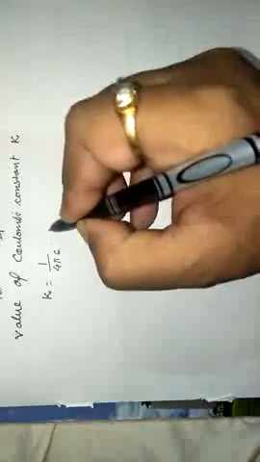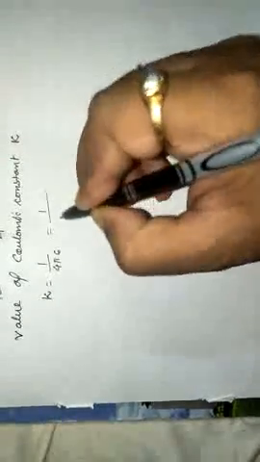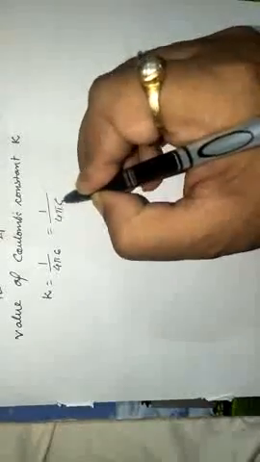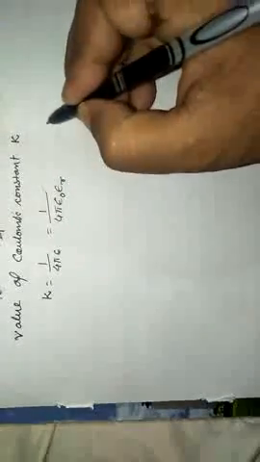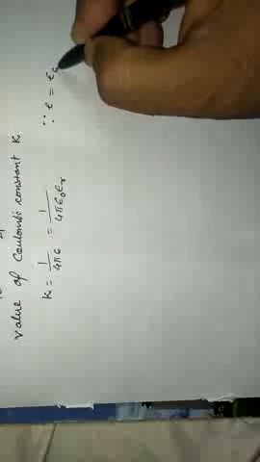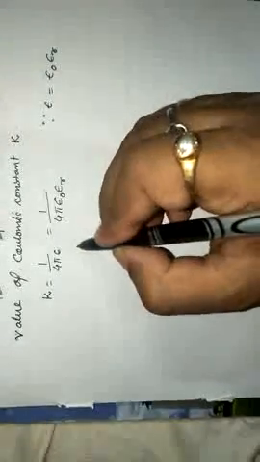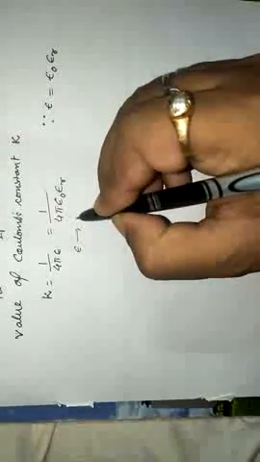Now let us find out the value of Coulomb's constant K. The value of Coulomb constant K is given by K is equal to 1 by 4 pi epsilon, which is equal to 1 by 4 pi epsilon naught into epsilon r, since epsilon is equal to epsilon naught into epsilon r. Here epsilon is known as the permittivity.